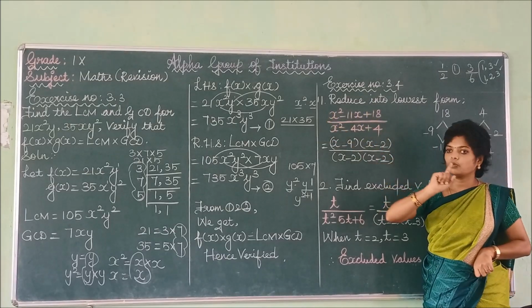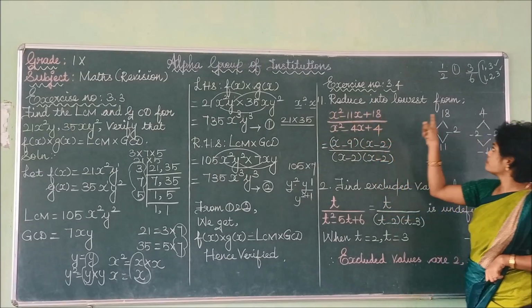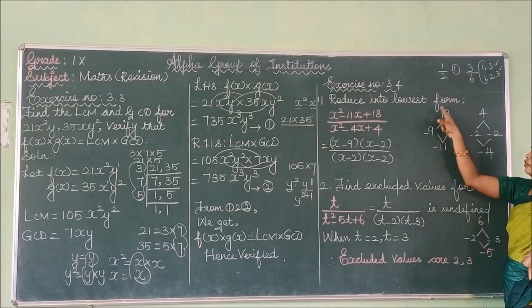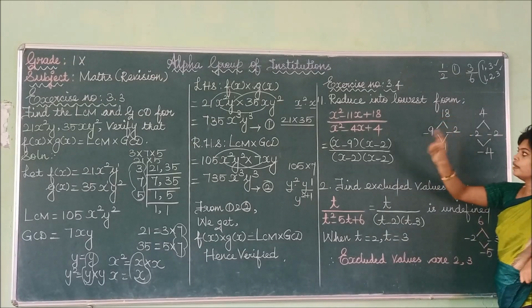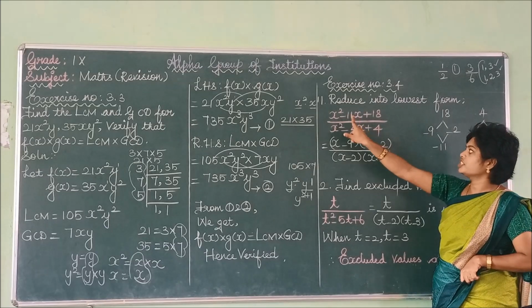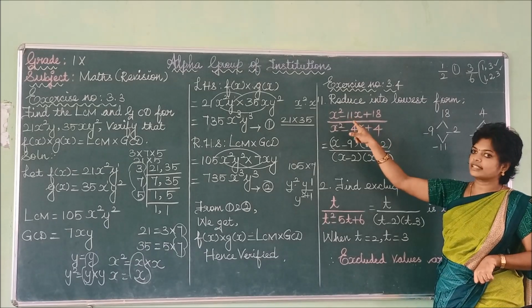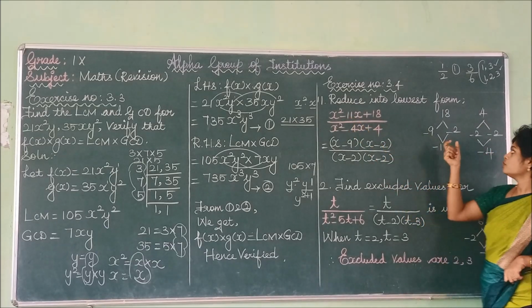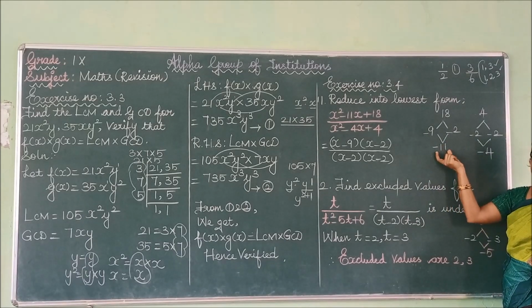Here the coefficient is 1 only, so 1 into 18 is 18. You write that constant term at the top, and look at the coefficient of x. What is the coefficient of x here? Minus 11. So you write that minus 11 down.